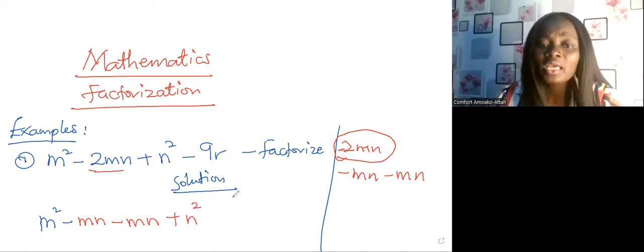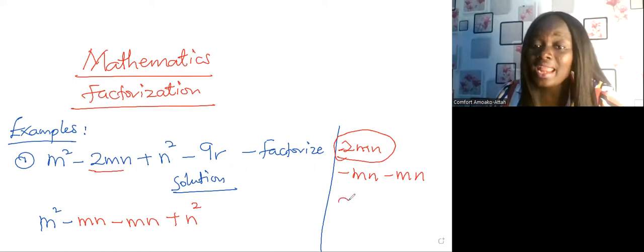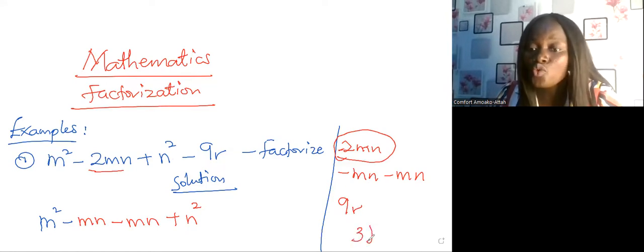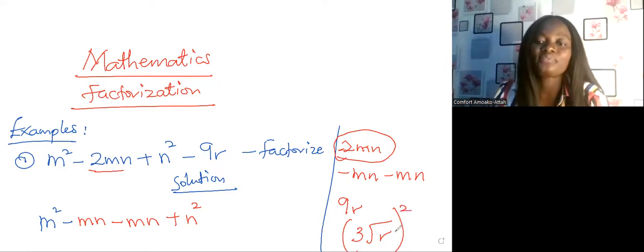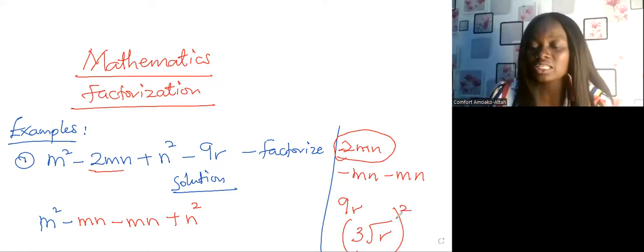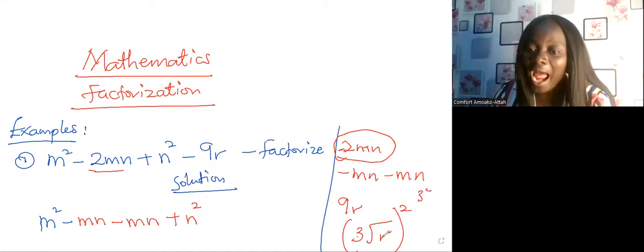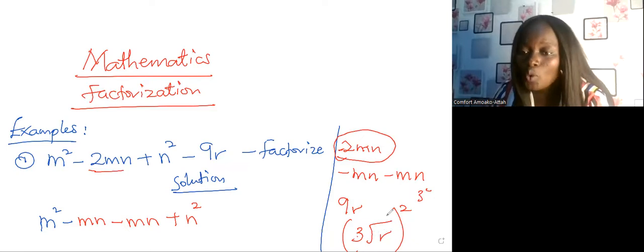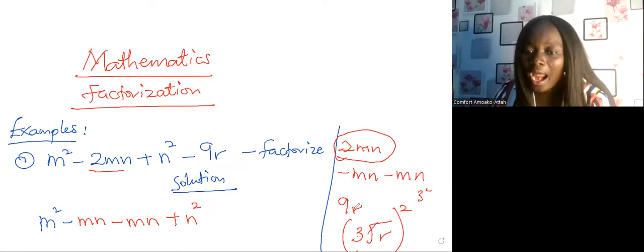Now, when you take the 9r, this 9r will give us 3 root r all squared. If you expand this, you get 3 squared to be 9, then root r squared is r.